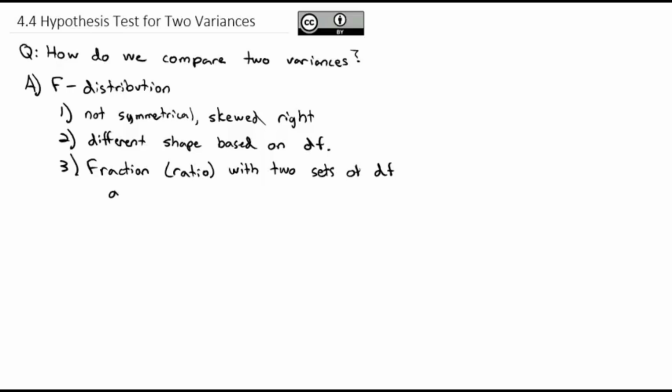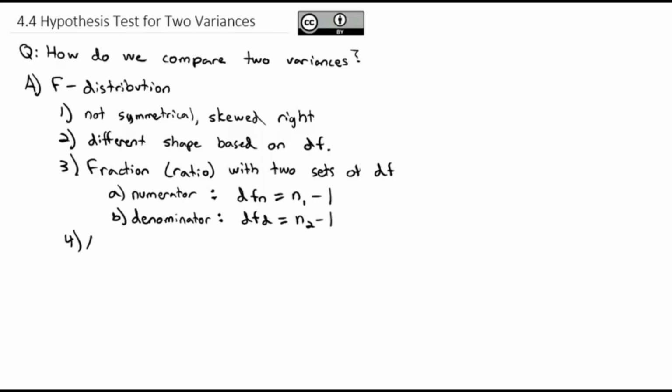We say the degrees of freedom for the numerator is equal to the first sample size minus 1. And the degrees of freedom of the denominator is equal to the second sample size minus 1.